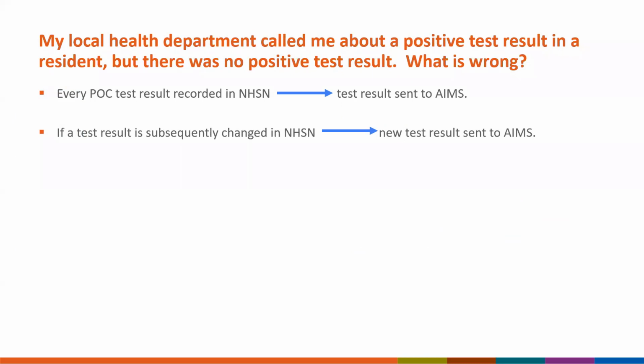Next question is, my local health department called me about a positive test result in a resident, but there was no positive test result. What is wrong? Every POC test result that is recorded in NHSN results in a test message being sent to AIMS.